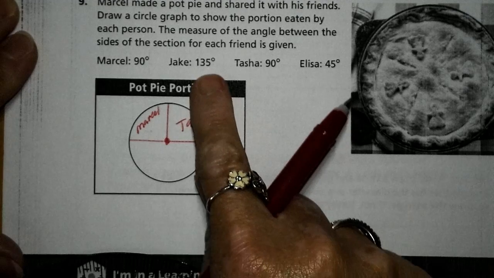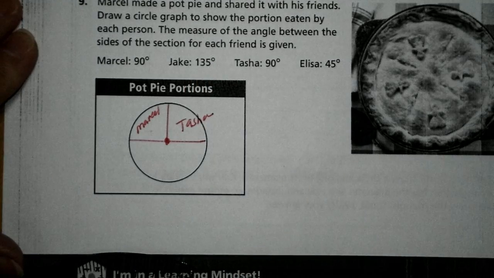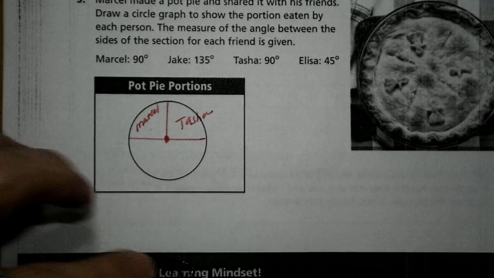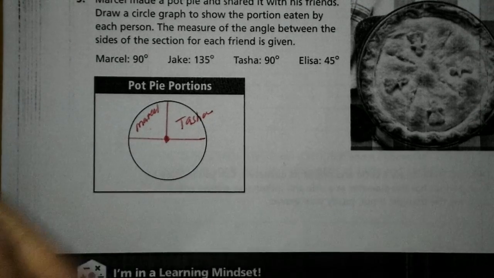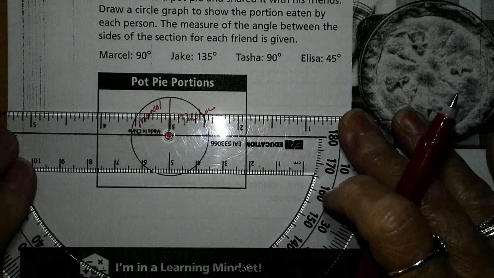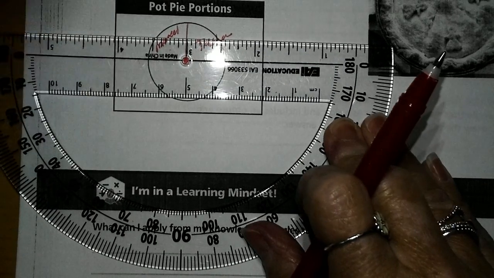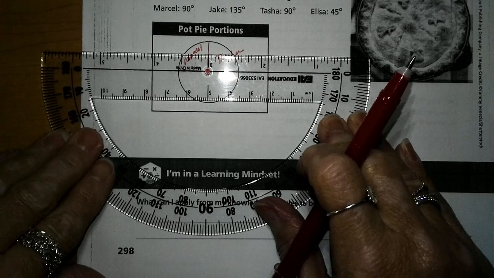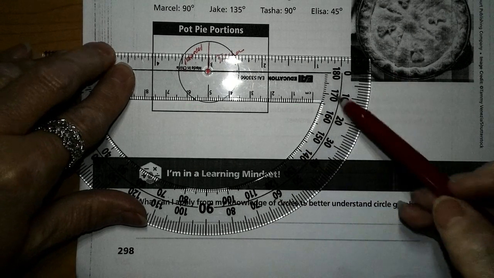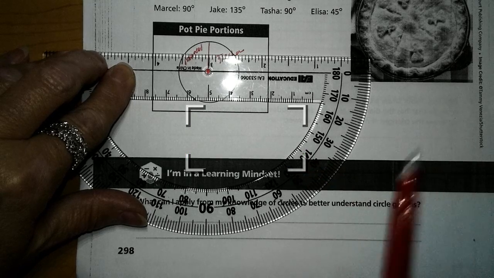All right, so then what I would do is find the 135, and then what's left over would be the 45, right? So I'm going to take my protractor, and I'm going to line it up. So we know it's obtuse. So that means I'm looking for 135. So I'm going to use the bottom numbers.